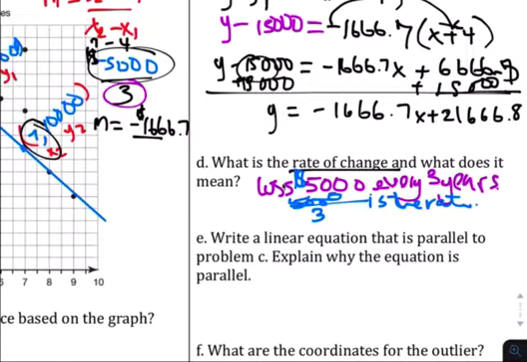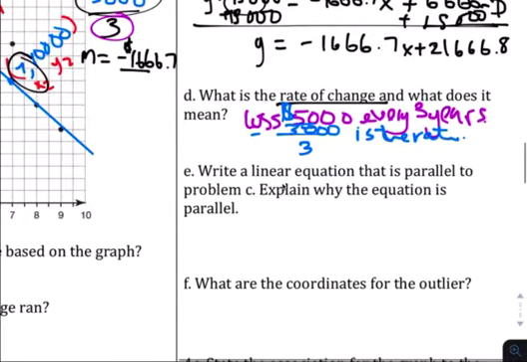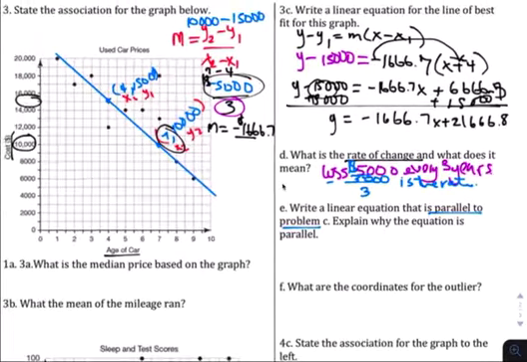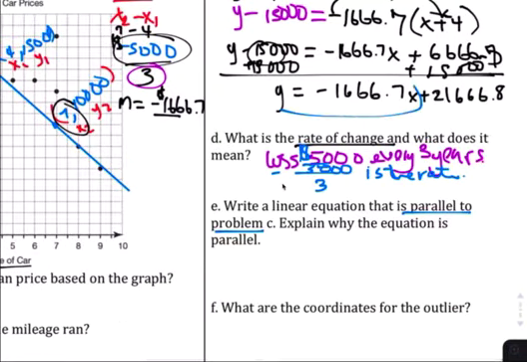Negative 5,000. Parallel means no solution. So basically this has to be the same.